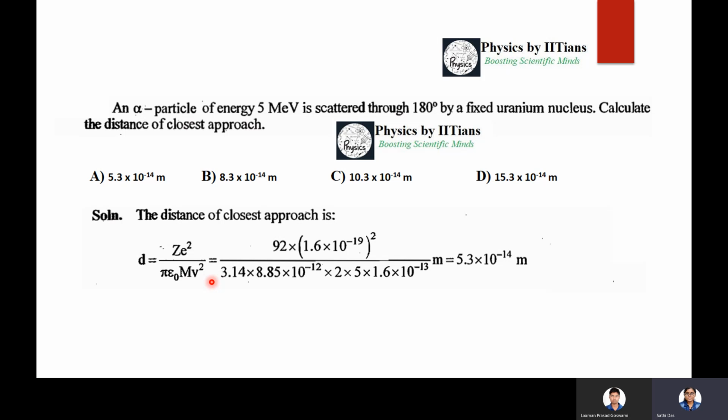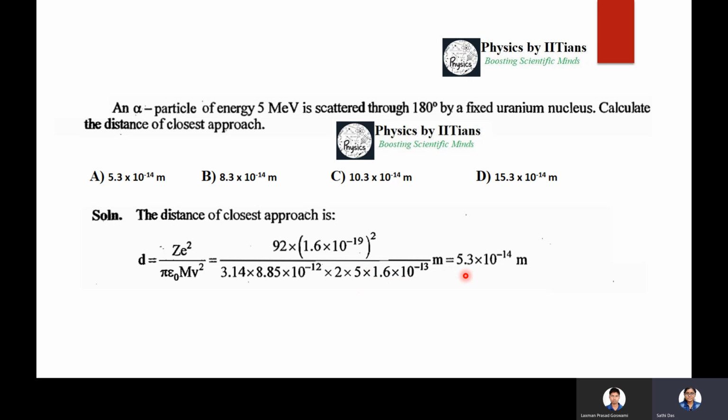V, you have to find out from the particle energy 5 MeV, you have to find the velocity, and z is 92, that is the uranium nucleus proton number. e square is 1.6 into 10 to the minus 19 whole square, pi is 3.14, epsilon naught is 5 into 10 to the minus 12, and 5 mega electron volt you have to write in terms of Coulombic unit.